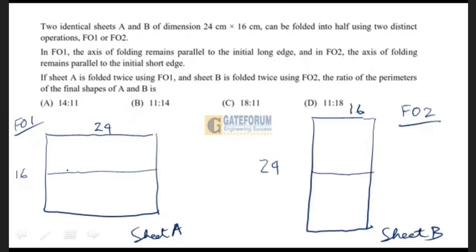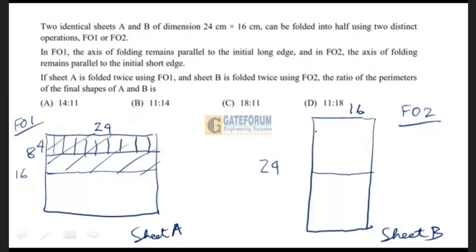So one fold is like this. So then what happens? The sheet becomes like this, with this as 8. Then another fold along the center. So then the sheet becomes this. This is the final one. And this becomes 8 divided by 2, that is 4.